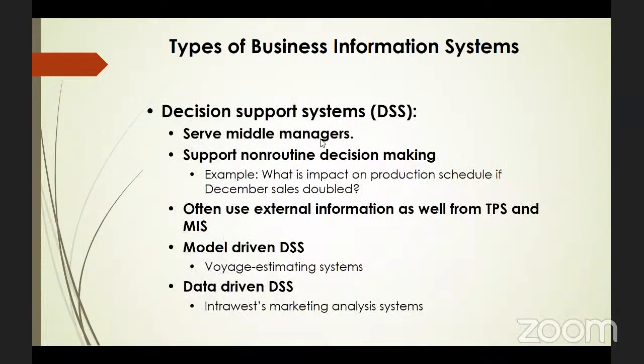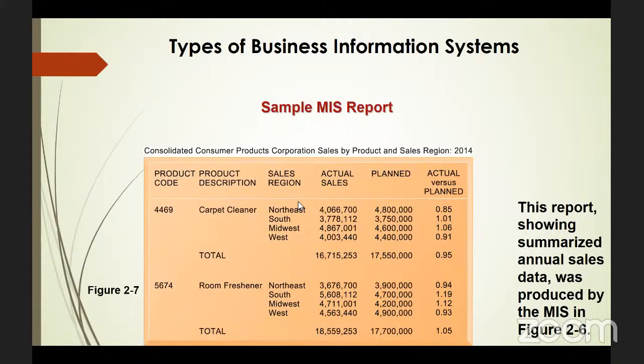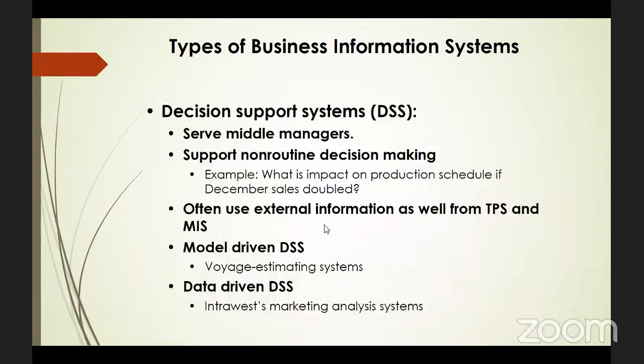A decision support system is in addition to the MIS. It supports the middle managers, but it helps with non-routine decision making. So this MIS is routine, like you have every single product and you look at the details. But the DSS is for non-routine decisions. So you want to say to yourself, what would happen if you decide to produce extra?